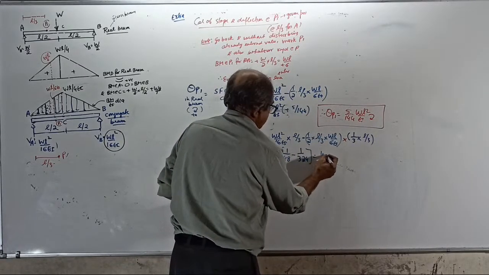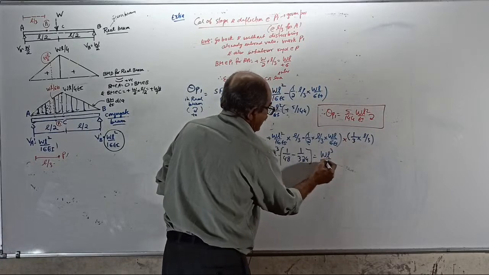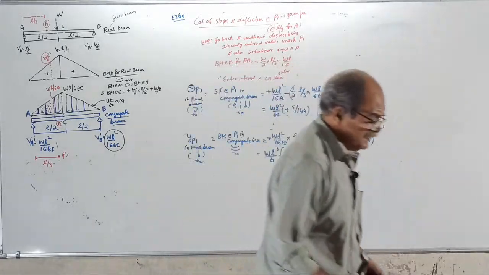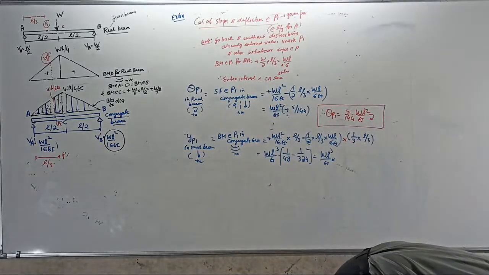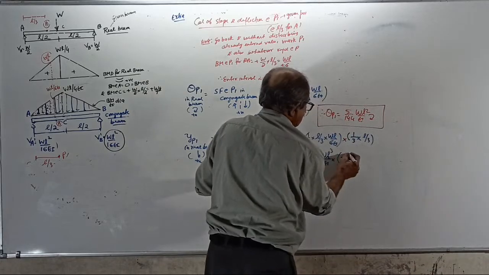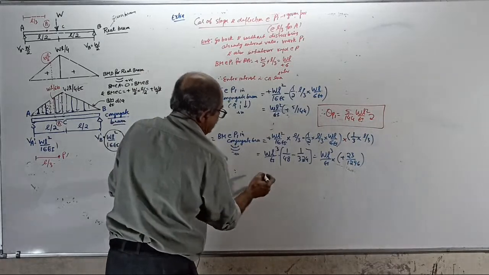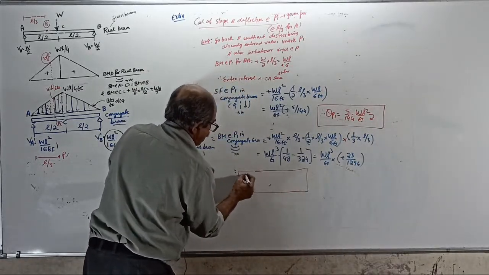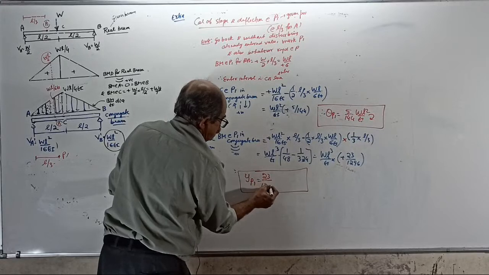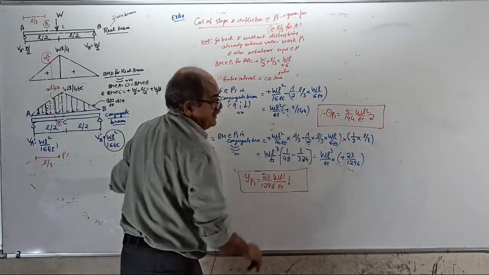Our answer is WL cube by EI into 1 by 48 minus 1 by 324. Answer: 23 by 1296. Therefore, your deflection at the point P1 equal to 23 by 1296 WL cube by EI downward is the answer.